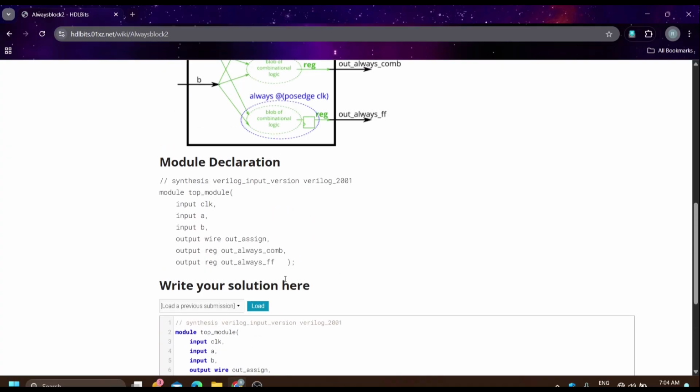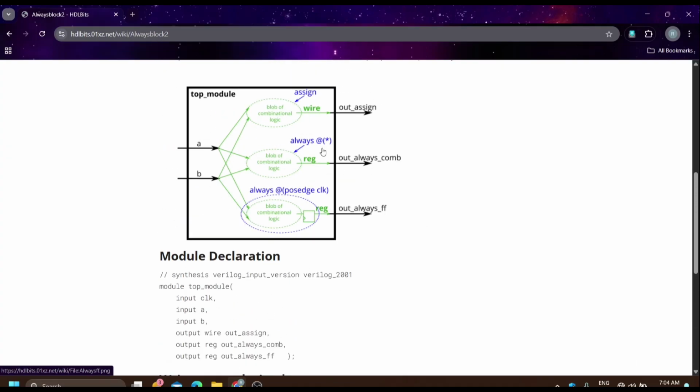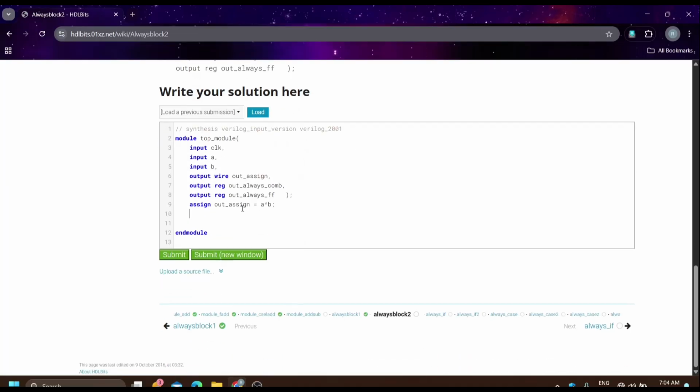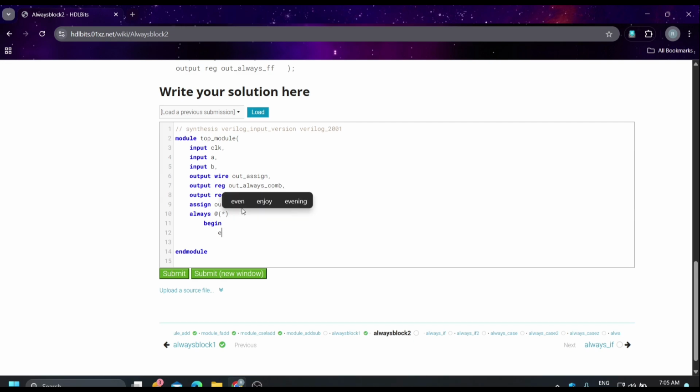Next, for this output we need to write always block with always at the rate asterisk. So this is for combinational logic. In this always block a clock is not there, so we can see this as a combinational one. And in this always block a clock is there, so we can see this as a sequential one. So for this always block we need to write this code. Write always at the rate asterisk, next begin end.